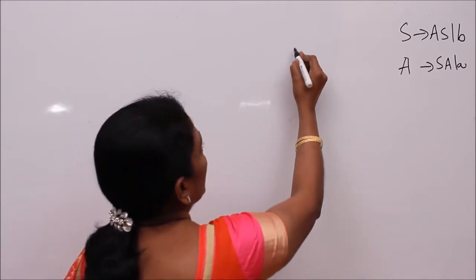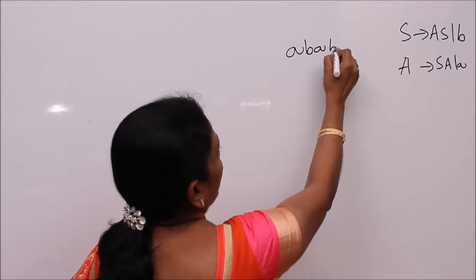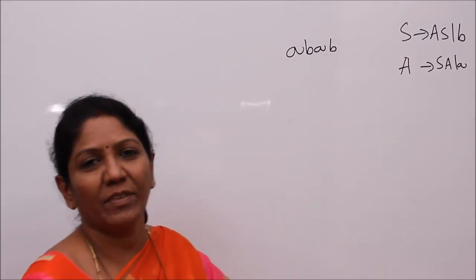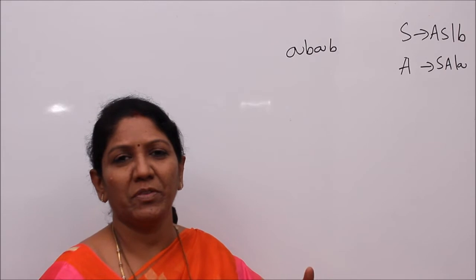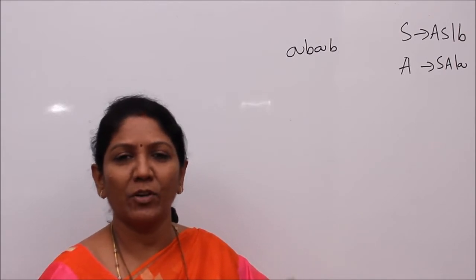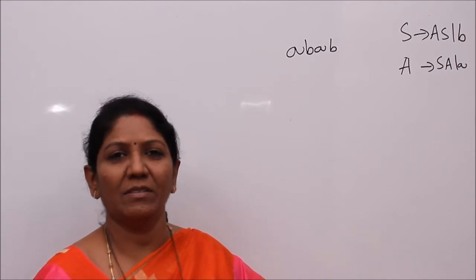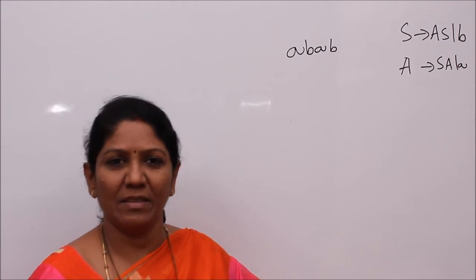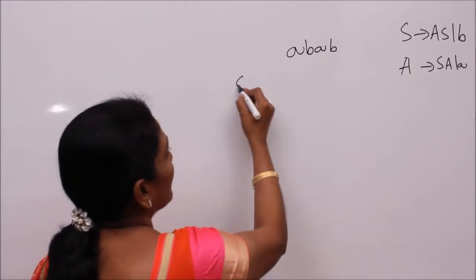Take some simple input, something like AB. How do you check whether the grammar is ambiguous? Take an input string. With trial and error, find out the number of parse trees. If there exists more than one parse tree, we say the grammar is ambiguous. So how do you construct the parse tree?